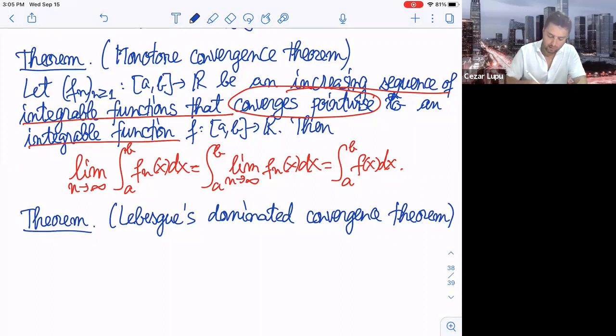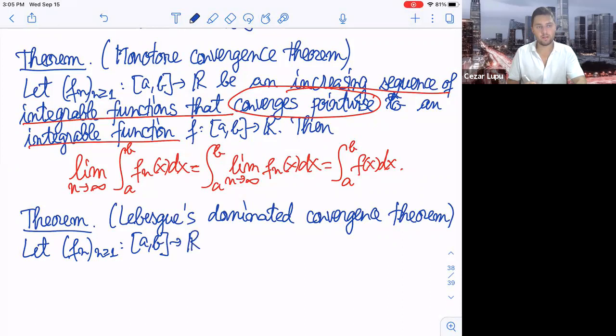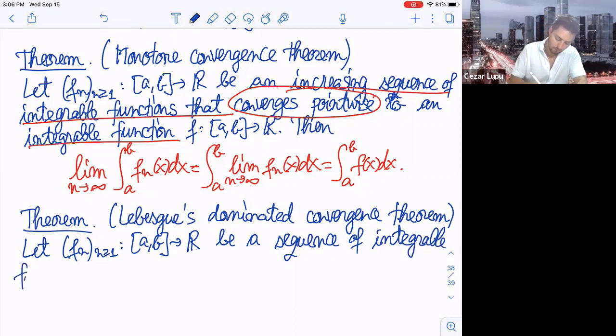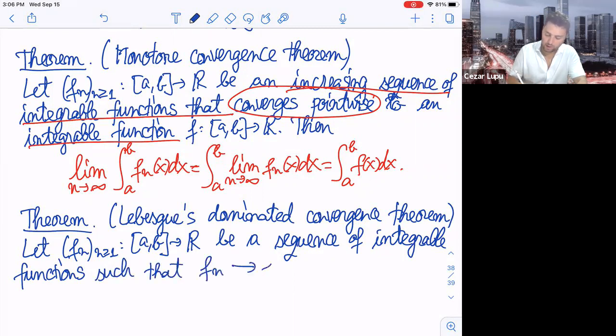All right, so in this case, let Fn be a sequence of functions, a sequence of integrable functions, such that Fn converges pointwise to f.